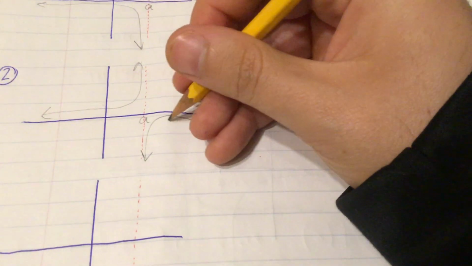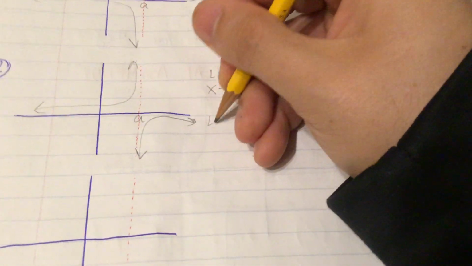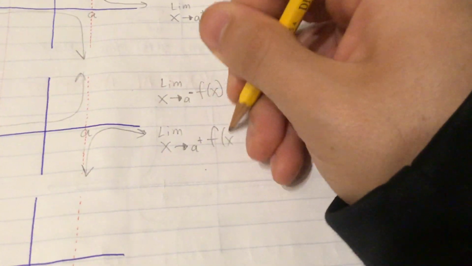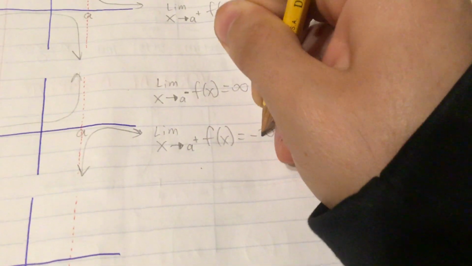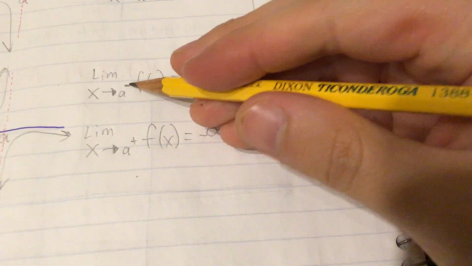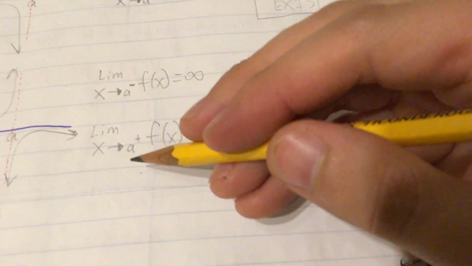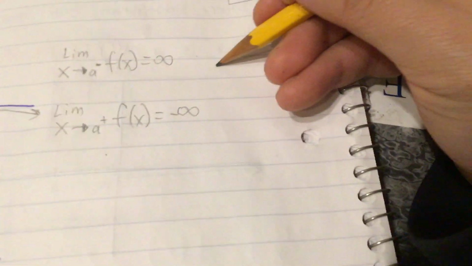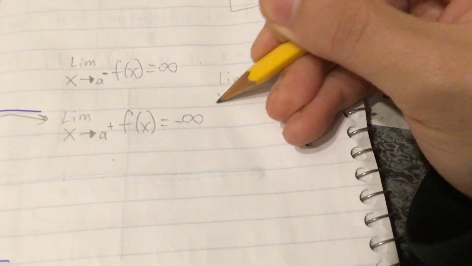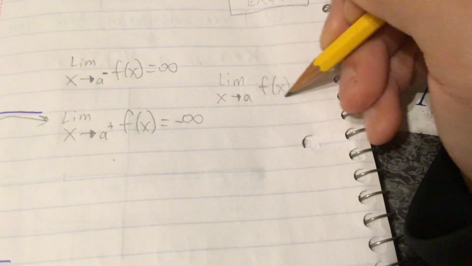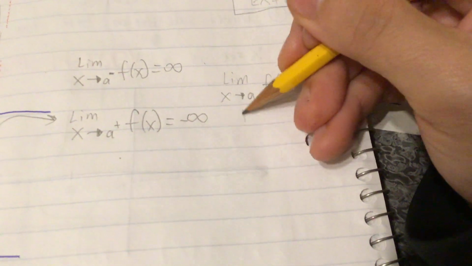And the limit as x approaches a from the right side, the right-hand limit, wants to go to negative infinity. So if the left side goes to positive infinity and the right side goes to negative infinity, the limit as x approaches a does not exist. The limit does not exist, Lindsay Lohan.